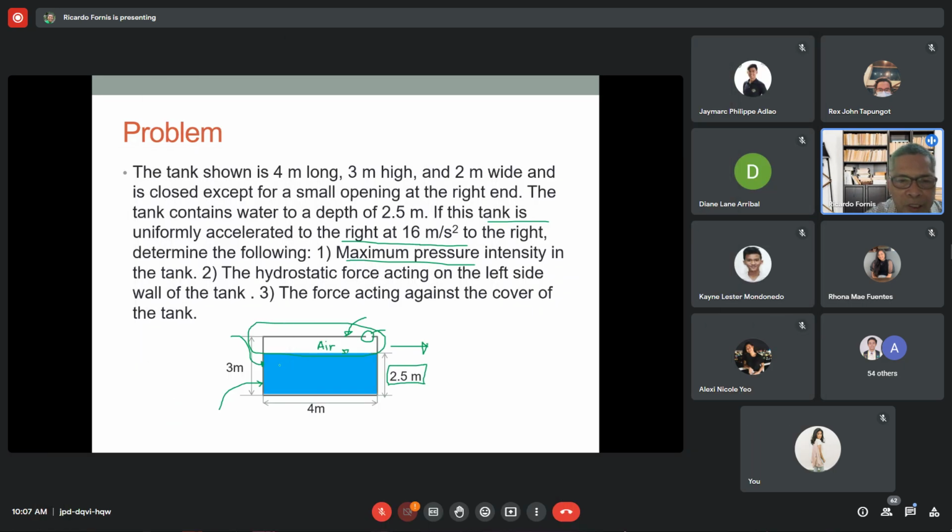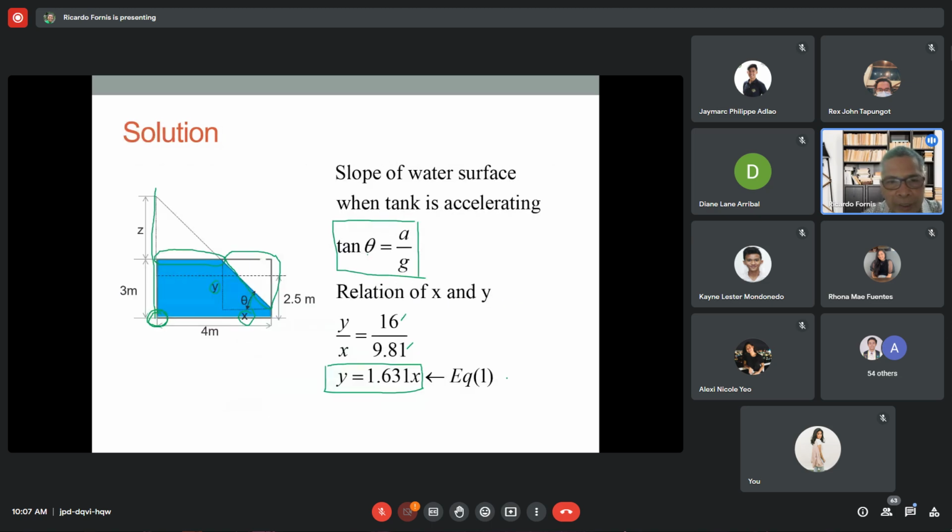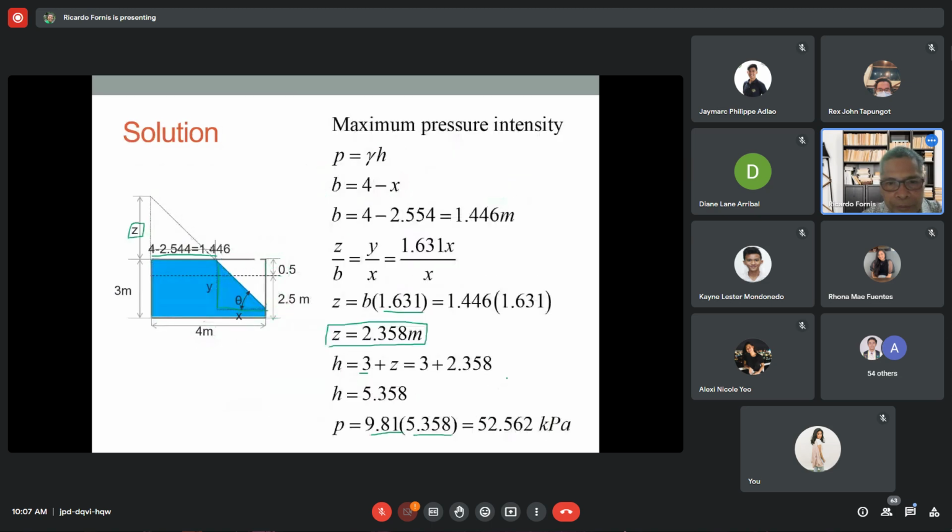We are now interested in the hydrostatic force acting on the left side. How do we solve for it? It is not in our slides, so can we get our calculators and solve for it?